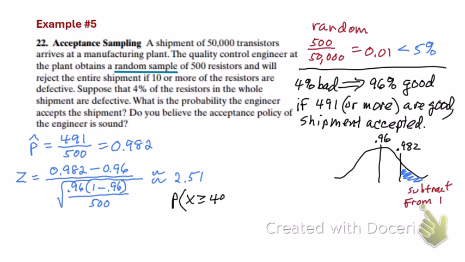So the probability of having 491 good ones in that shipment is this. For a z-score of 2.51, the corresponding area to the left of that is 0.9940. So I have to subtract that from 1, and I'm getting this.